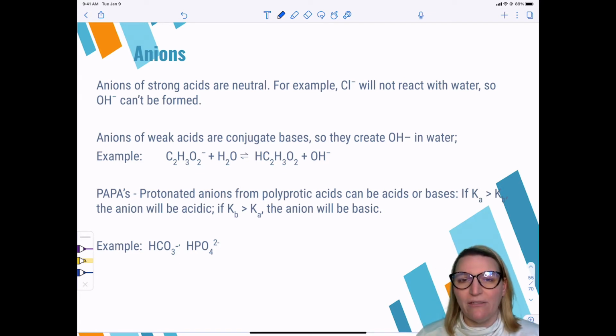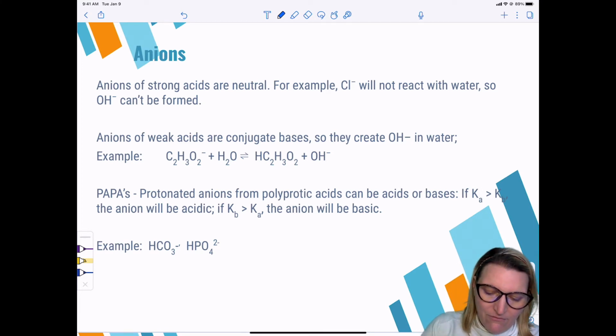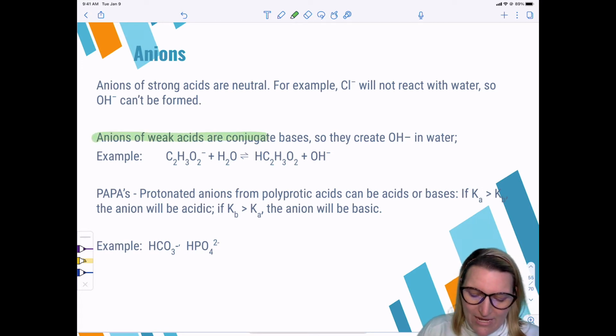Anions of strong acids are neutral. So that's your Cl minus, I minus, Br minus, nitrate, sulfate, chlorate, and perchlorate. They won't react with water, so they won't be able to pull a hydrogen off of water, so no OH minus will be formed. But if it is an anion of a weak acid, they are conjugate bases.